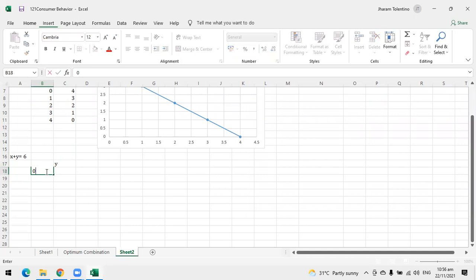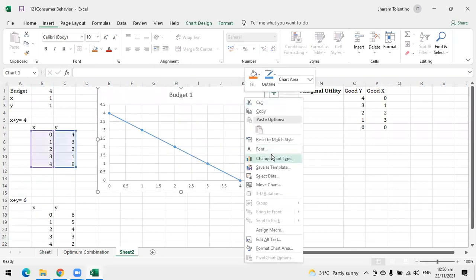So, if X is 0, 6 yung mabibili mong product Y. Pag piso, 5, 2, 4, 3, 3, 4, 2, 5, 1, saka 6, 0. Ayan. So, ano magiging itsura niya? Pasok natin yan dito.